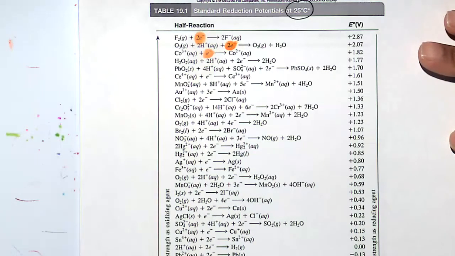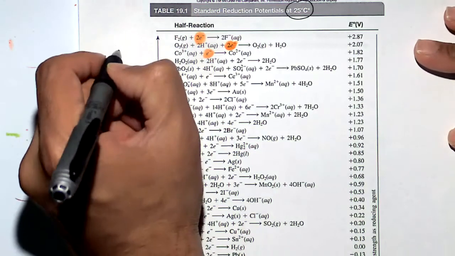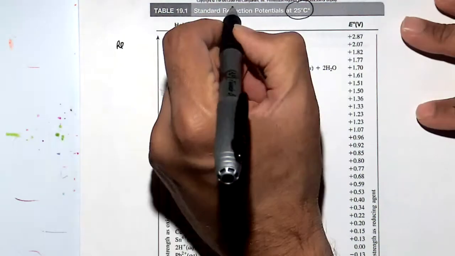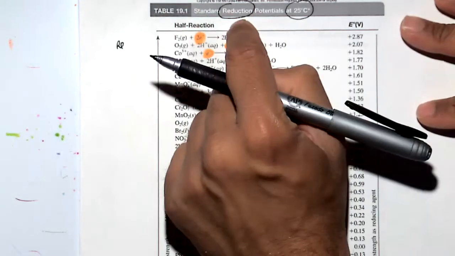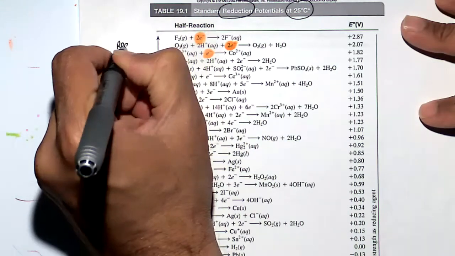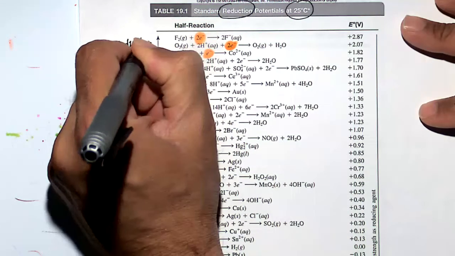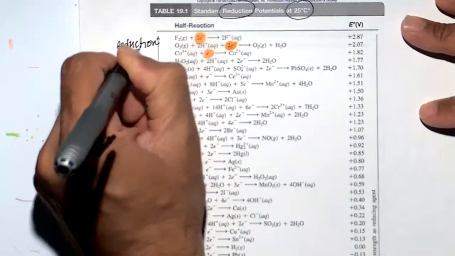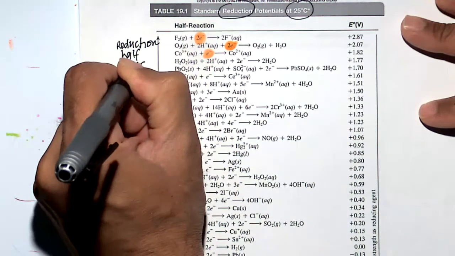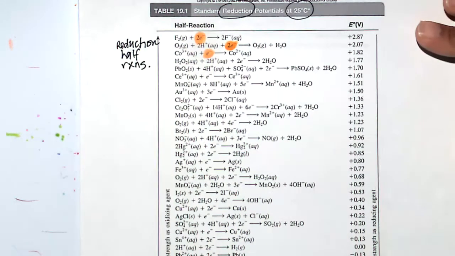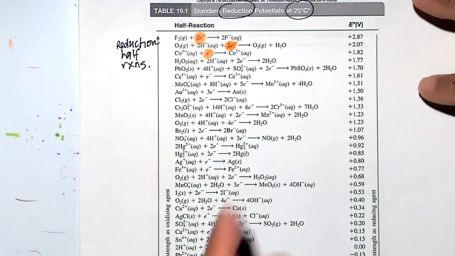If it gains an electron, we call that a reduction half reaction. You can just look at the title here, reduction. So all of these are reduction half reactions. Okay, that's important point number 1. Important point number 2, this is standard state.